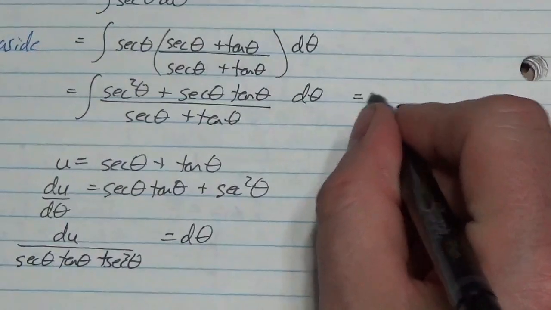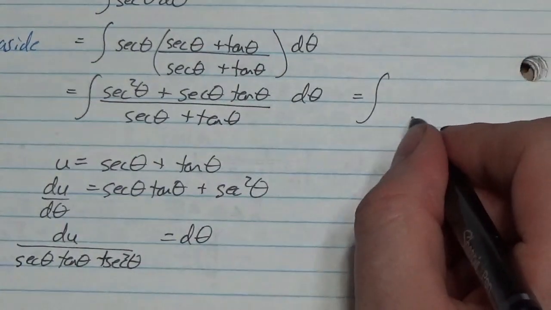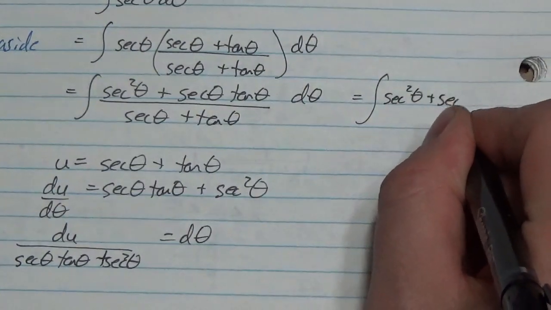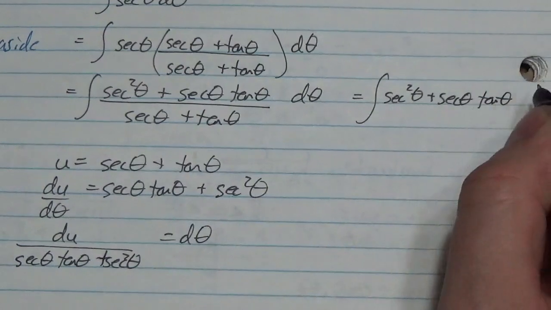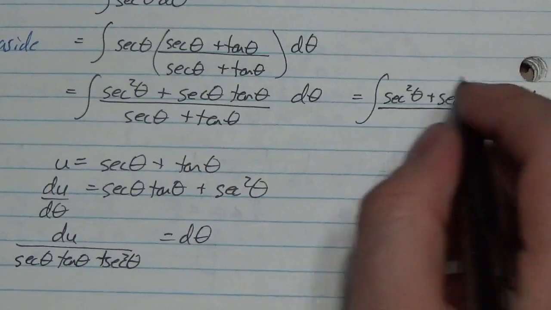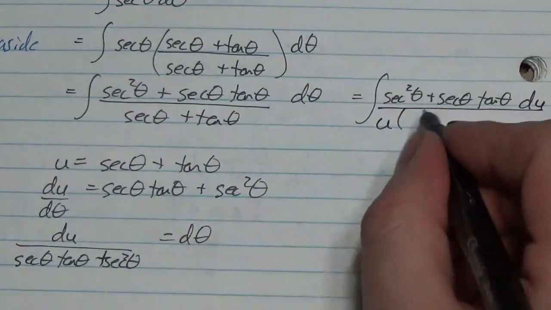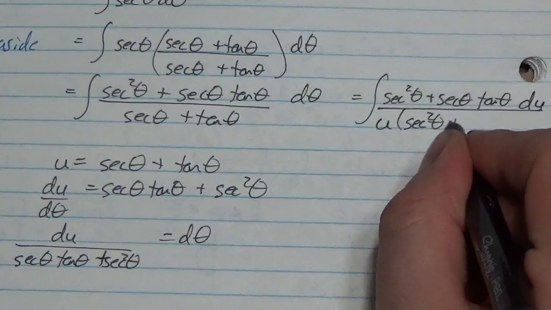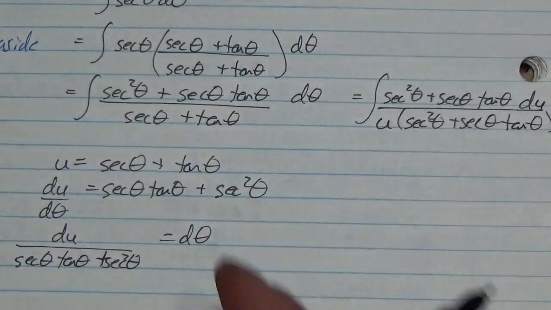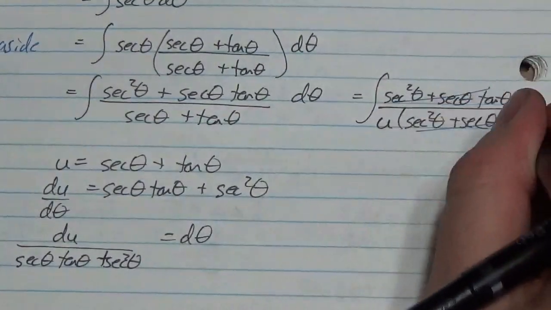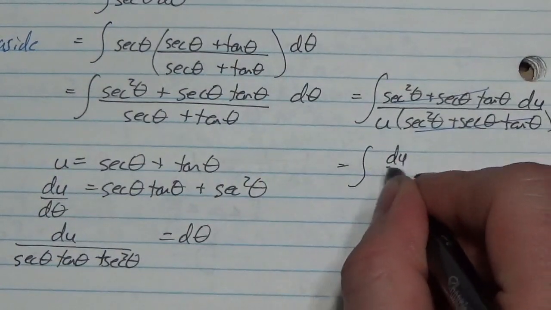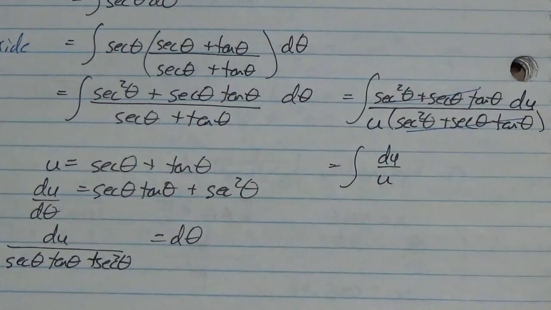So this is now going to equal the integral of du all over u multiplied by secant squared theta plus secant theta tan theta. And these two expressions right here will cancel, and I'm going to be left with just the integral of 1 over u du.